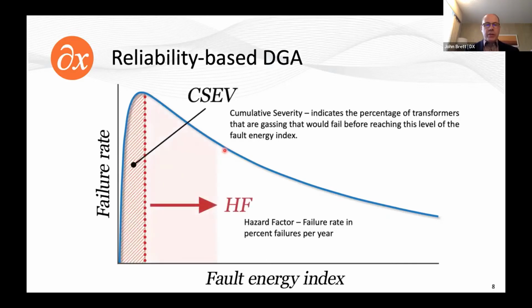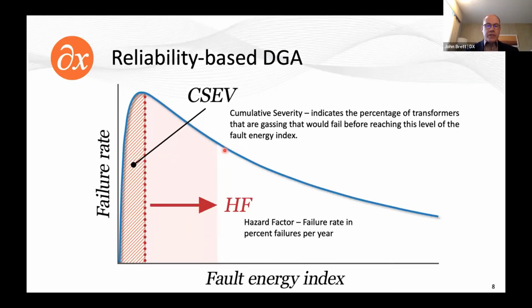When you look at that, you can look at the area under the curve to the left of that dotted line. That's referred to as the cumulative severity. It's basically saying how lucky you've been that you survived this long. It indicates the percentage of transformers that, if they had been gassing, would have failed before reaching that particular level of fault energy.